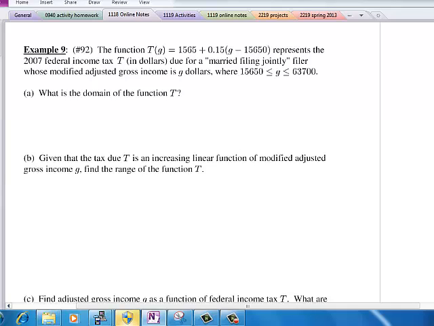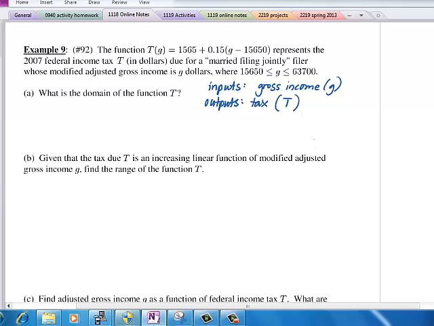So the inputs for t are the gross income, which they've labeled g, and the outputs are the tax, and they've labeled that t.